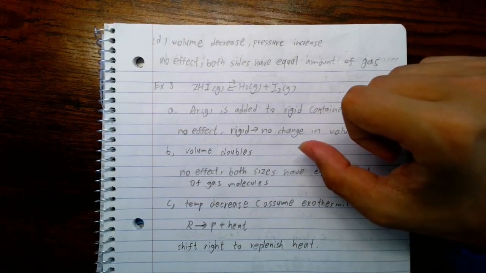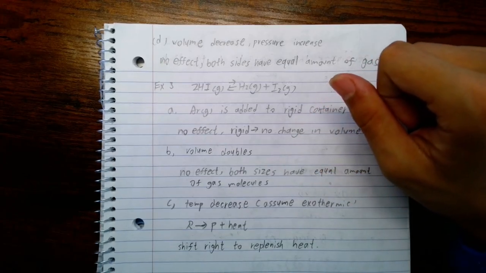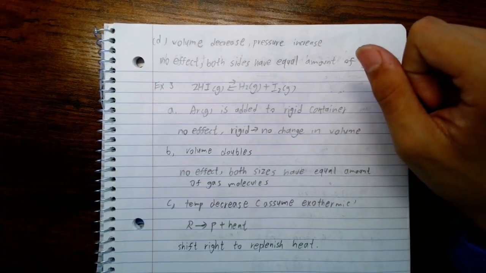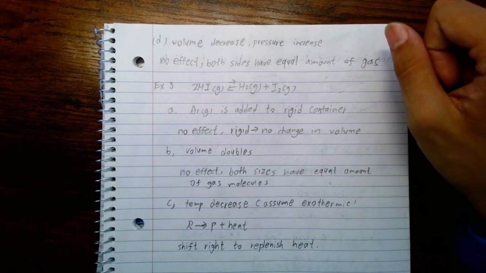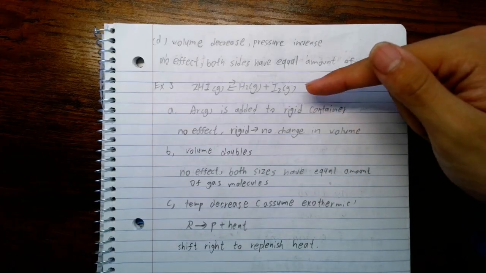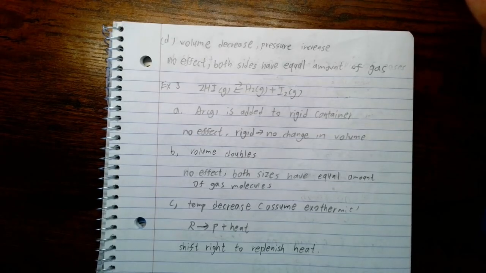The second one is the volume is being doubled. So the volume is increased. The equilibrium system will produce more gas molecules. However, there's an equal amount of gas molecules on both sides. There's no side with more gas molecules, so it has no effect on our equilibrium system.